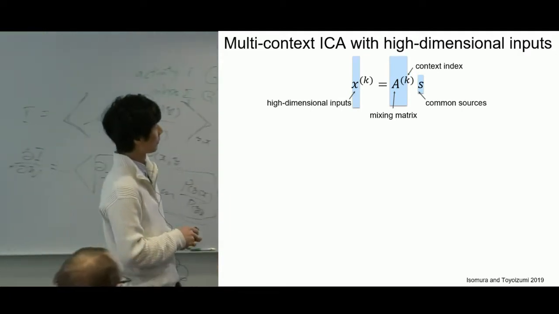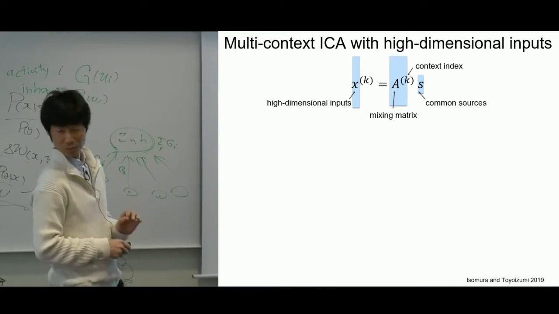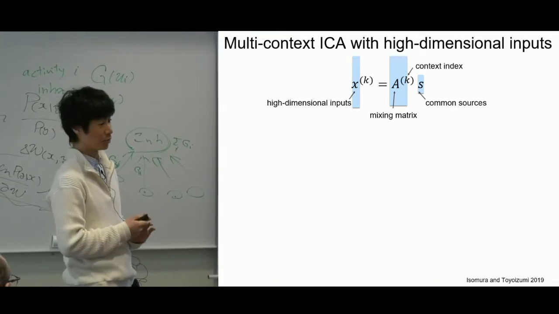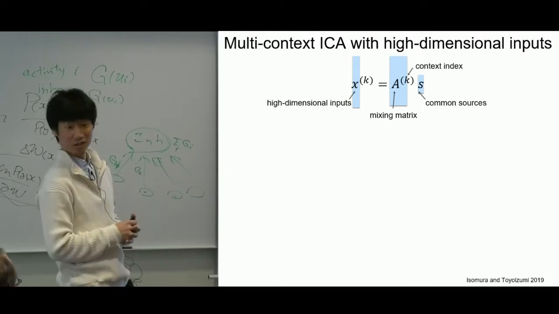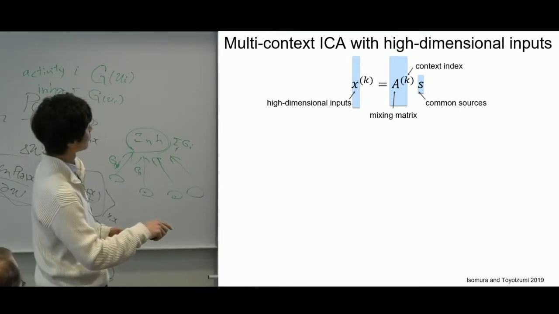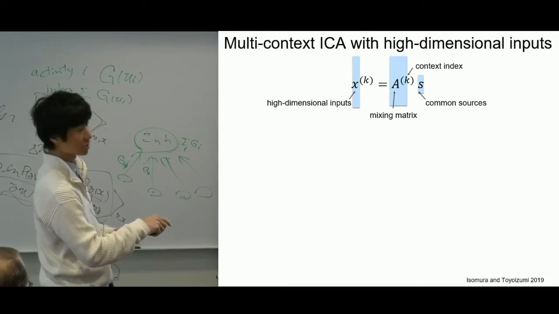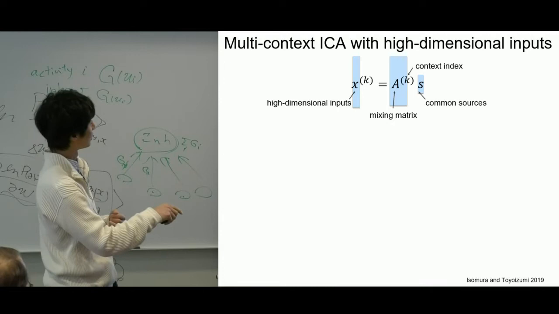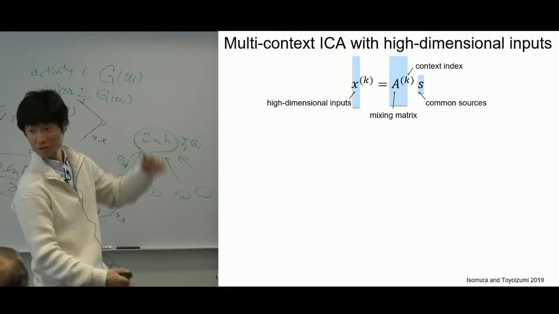We are saying that if high-dimensional inputs are available, then you don't necessarily need to relearn in a new context. So let's assume this is the source and this is a context-dependent mixing matrix, not known to the neural network, but a context-dependent factor, and we get high-dimensional inputs.